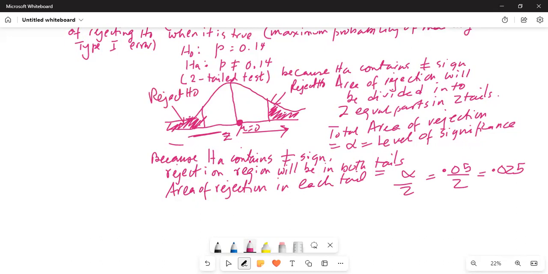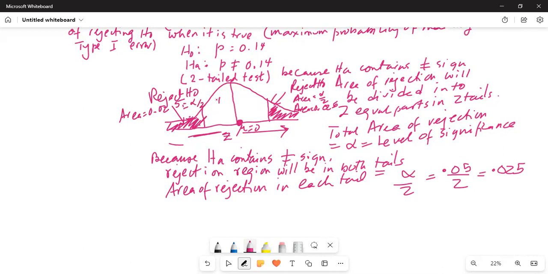The area of each is alpha by 2, that means 0.025, and this area is also 0.025. Total area is alpha.